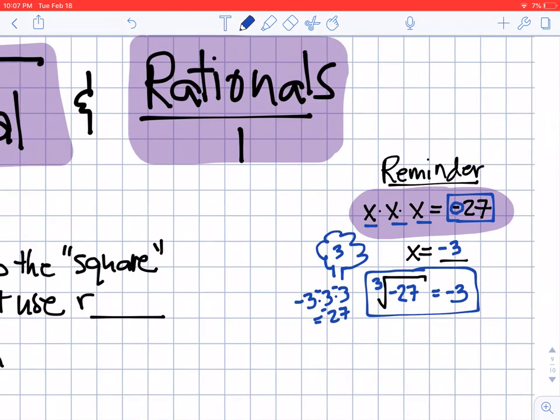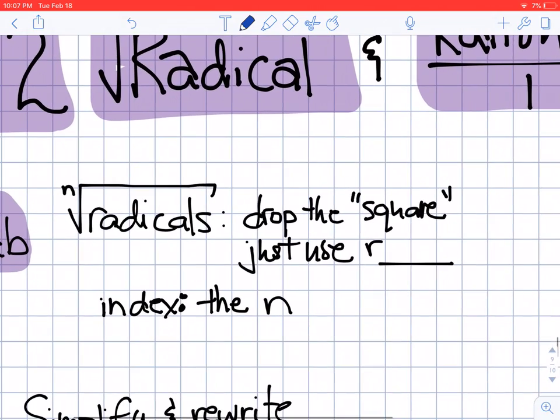So here we go. Item number 1. Here is a radical sign. And in this case here, when you put an n there, you're going to drop the square part of your answer, the way you would read that, and we would say just the root.